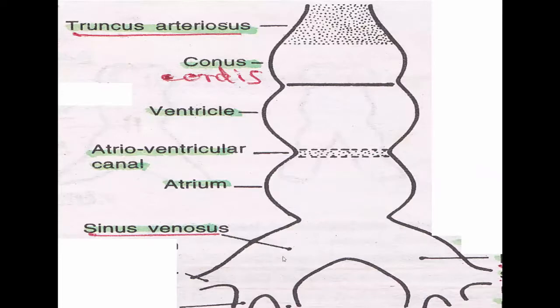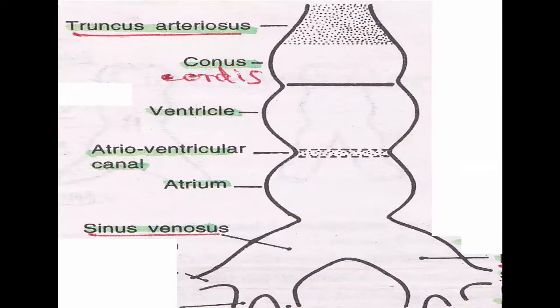And I also told you that the venous end receives three paired veins, 1, 2, 3, 1, 2, 3. And from medial to lateral, they are the vitelline vein, the umbilical vein, and the cardinal vein.